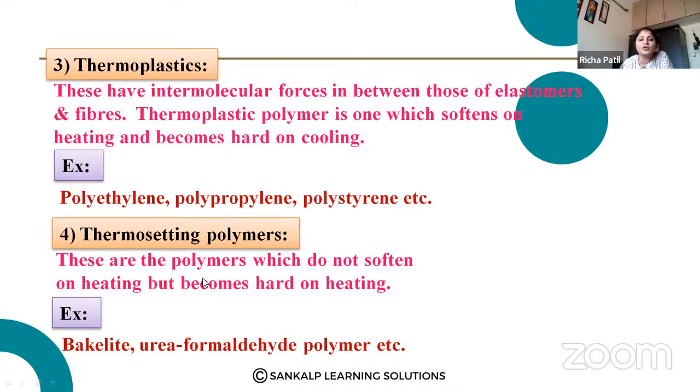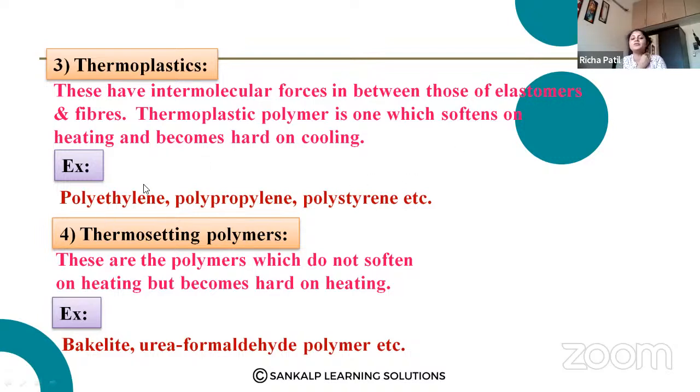They do not soften on heating. When you heat it, it does not get softened but becomes hard. In thermoplastics, if you heat it, it becomes soft and on cooling it becomes hard. But thermosetting polymers do not soften on heating but become hard, forming an insoluble mass.